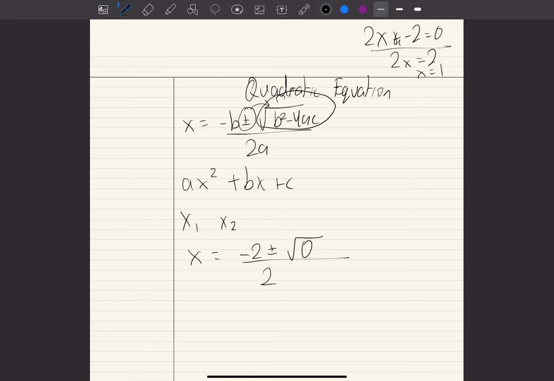Now, square root of 0 is 0. Minus 2 plus minus 0 over 2. Now, if we subtract 0 and if we add 0 to minus 2, it won't really change, we'll still get minus 2 no matter what we do. So minus 1. So both x1 and x2 are equal, which is minus 1.